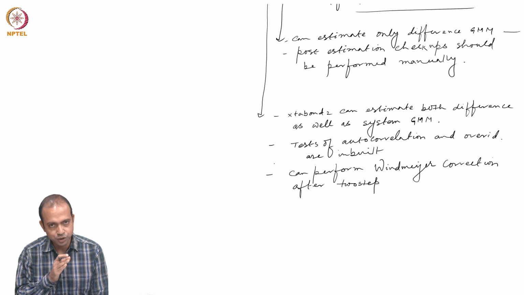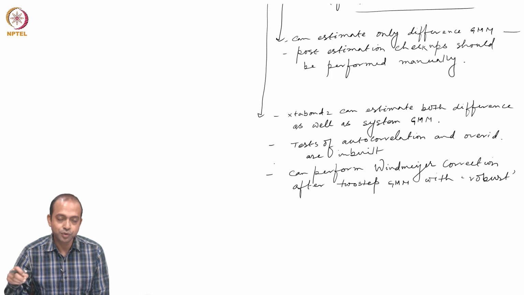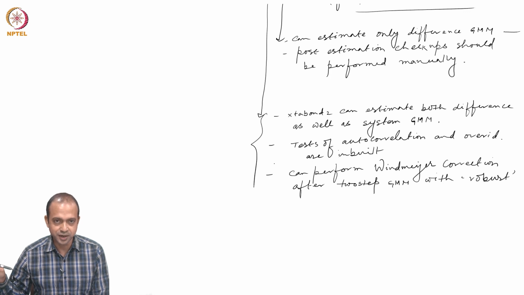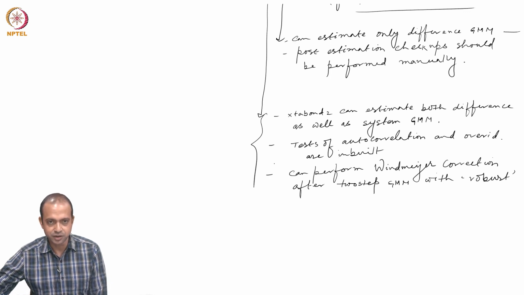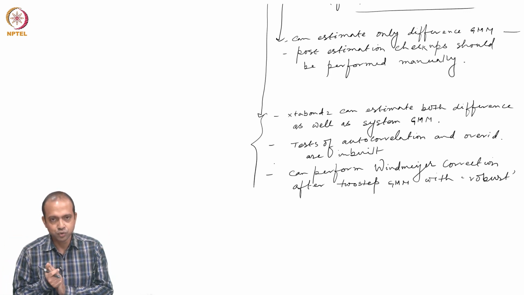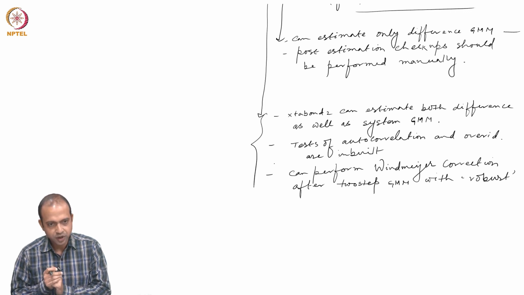The tests of autocorrelation and over-identification are inbuilt, and it can perform the Windmeijer correction also, which is required when we are applying two-step system or difference GMM, because the asymptotic standard errors are downward biased. So, these are the things we need to keep in mind, that it is better to use xtabond2.